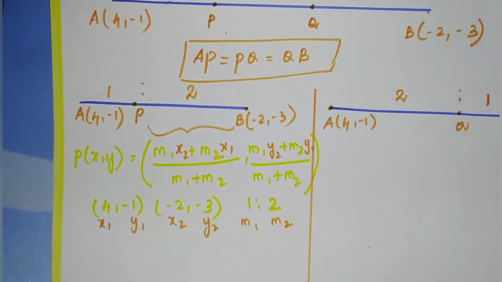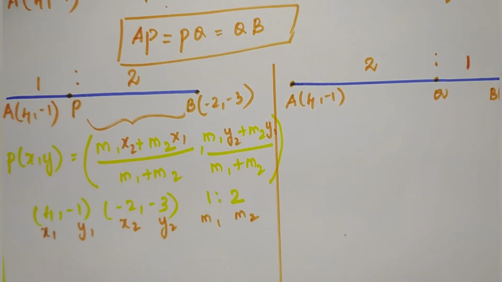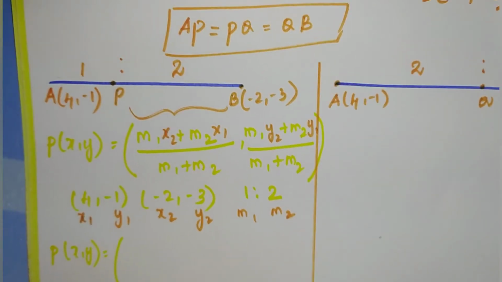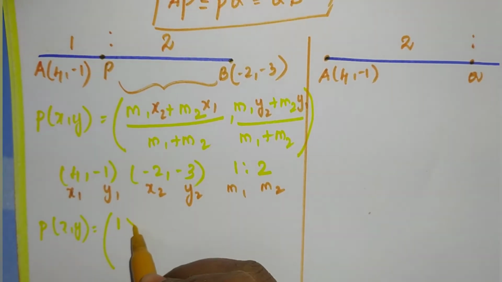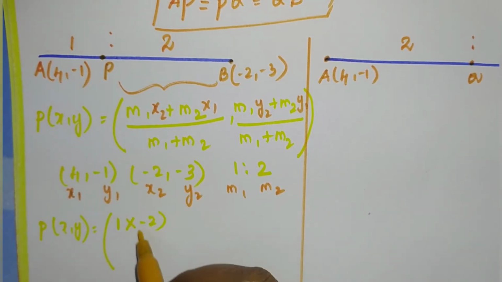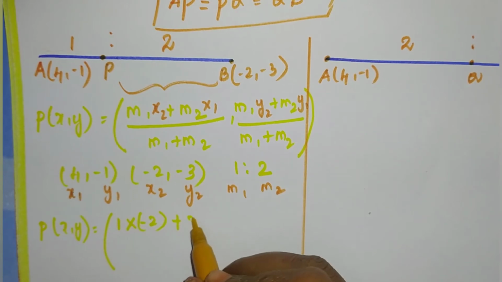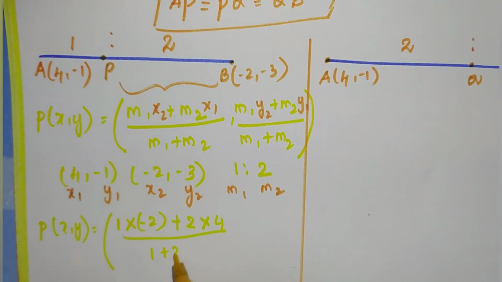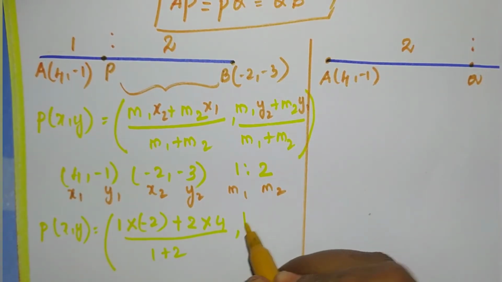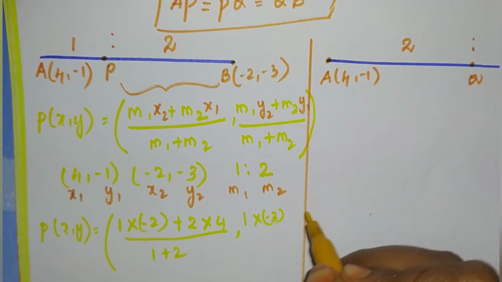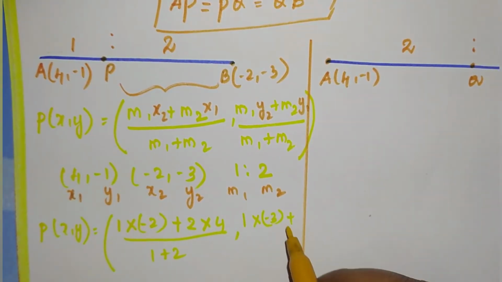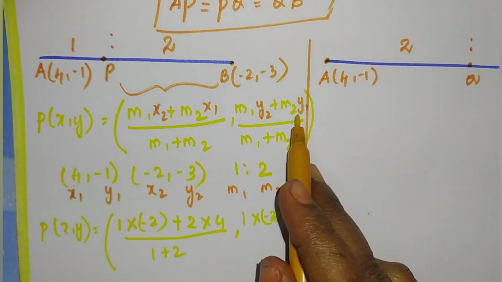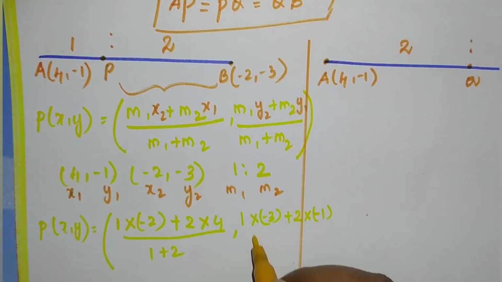Okay. Now apply in the formula. That point P of x comma y is equal to 1 into x2, which is minus 2, plus 2 into x1, which is 4, divided by 1 plus 2, comma, 1 into minus 3 plus 2 into y1, that is minus 1, divided by 1 plus 2.